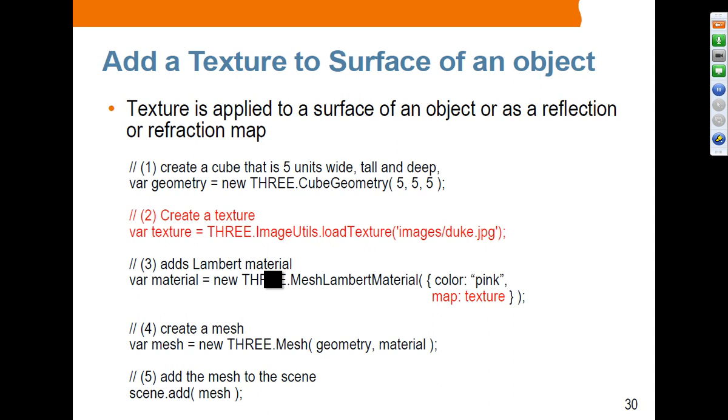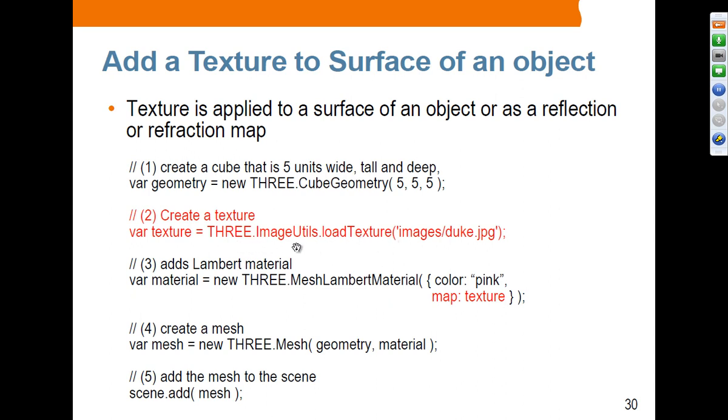Now the second optional feature we want to do is adding a texture to the surface of an object. As I said before, a texture is some graphics that you want to add to the surface of an object. In this case, we are going to add a Duke image, so we're actually tattooing the Duke image onto this cube object. Here we create a texture object.